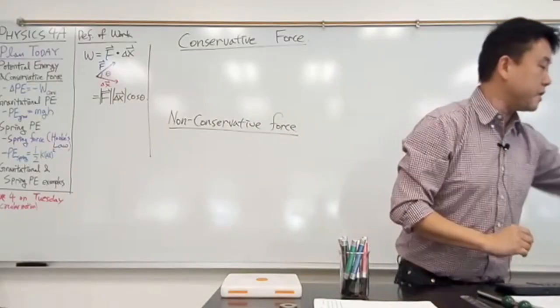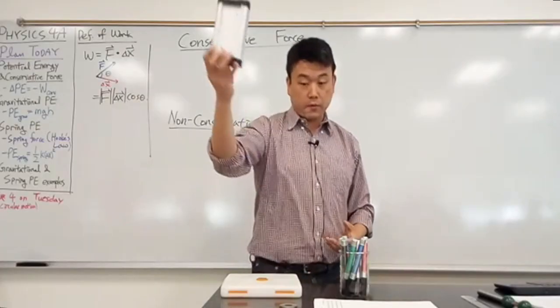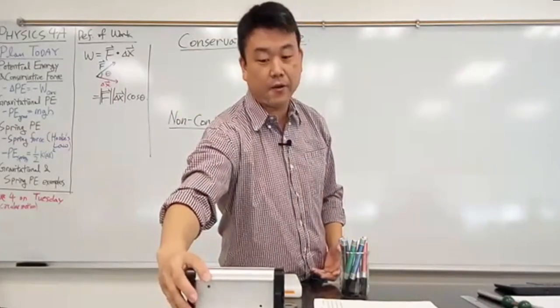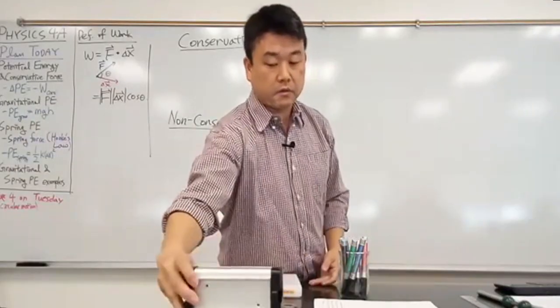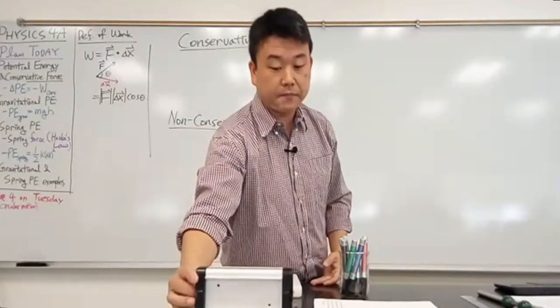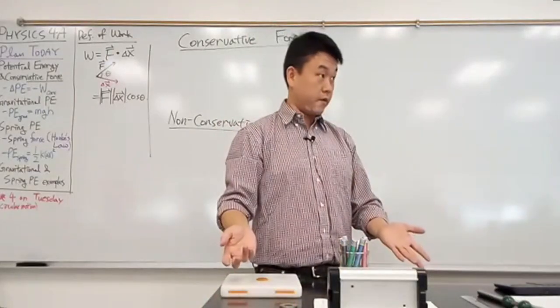And I used the example of friction as an example of a non-conservative force. When I push this cart on its side, not on its wheels, as this cart comes to a stop, that's an example of how friction is a non-conservative force.